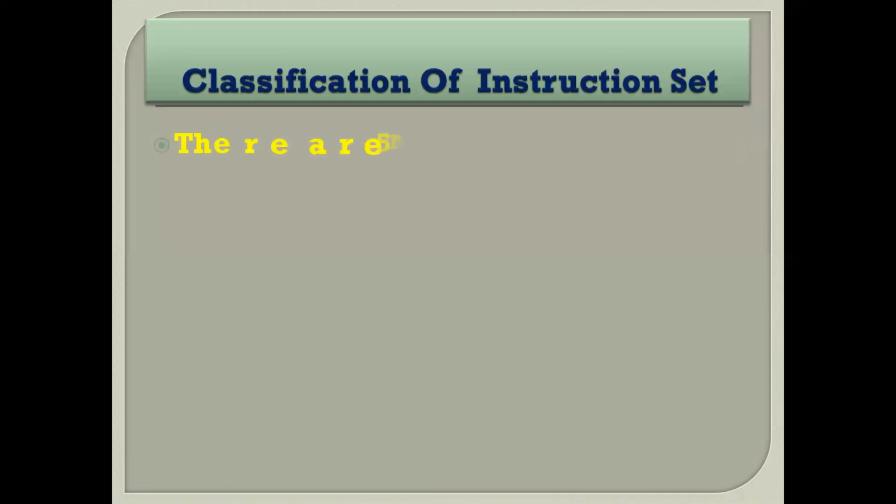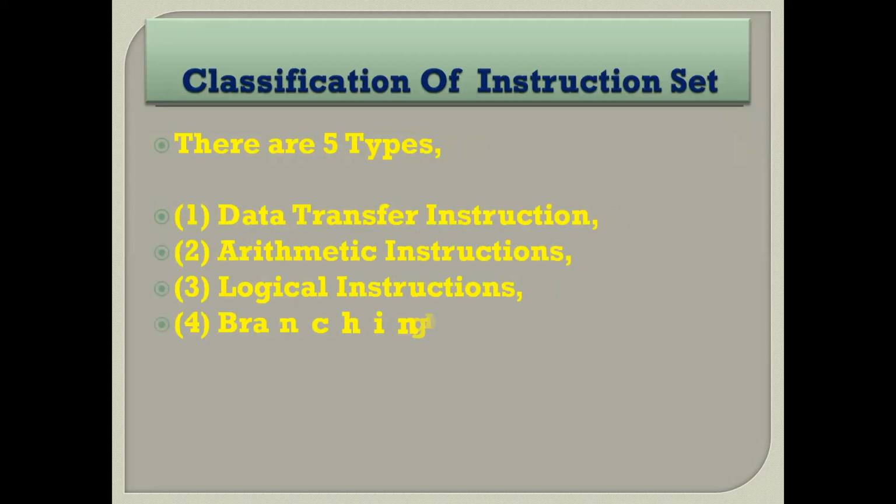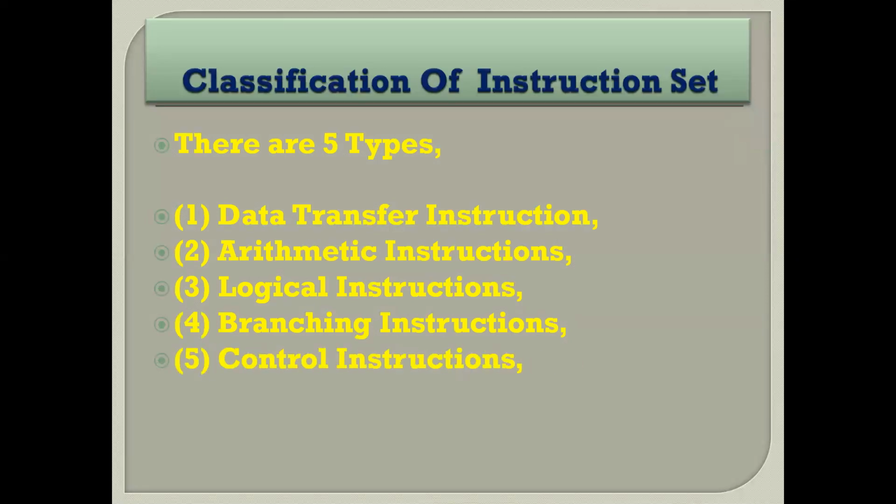These groups are used to perform specific tasks. First group is data transfer instructions. Second group is arithmetic instructions. Third is logic instructions. Fourth one is branching instructions, and fifth one is control instructions.